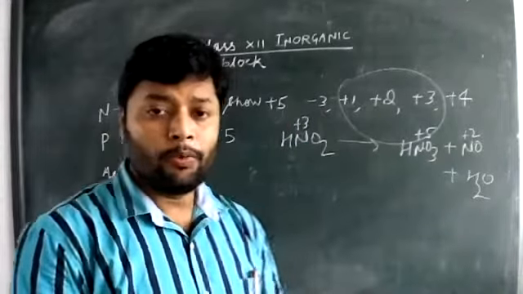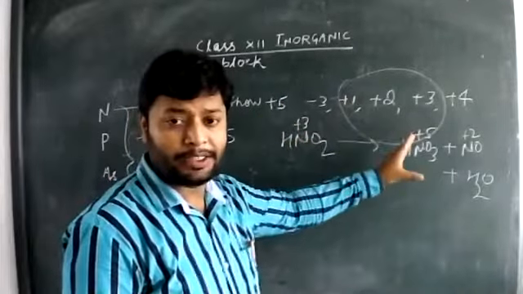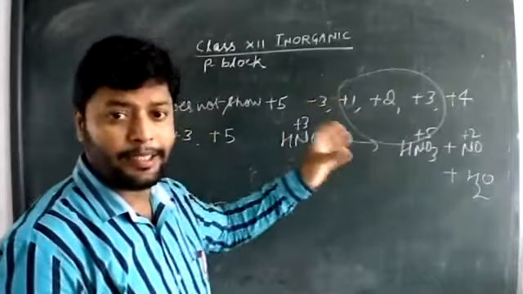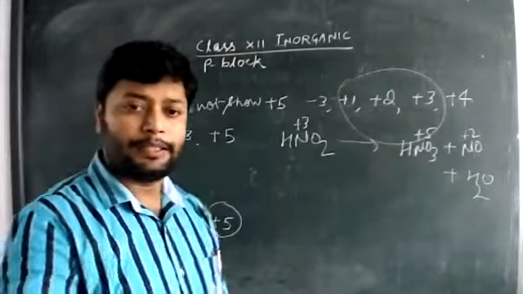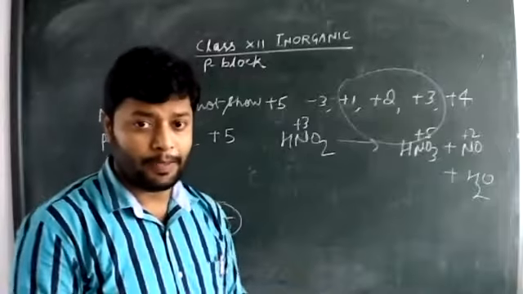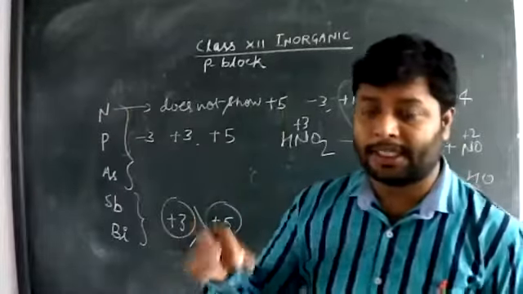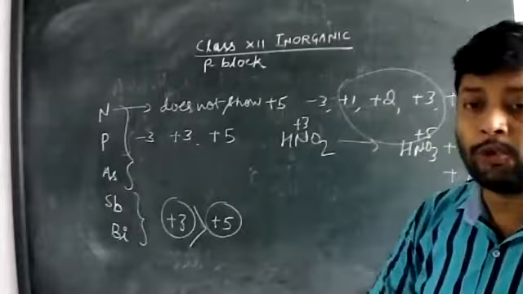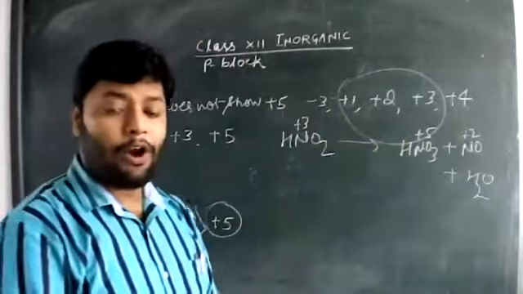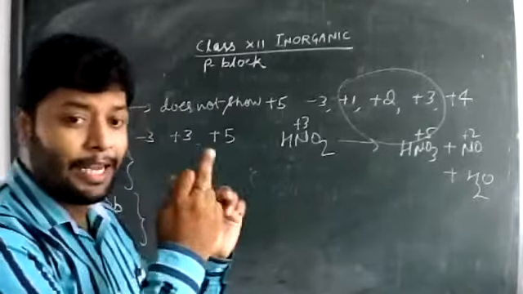Disproportionation means that one oxidation number of an element goes for oxidation as well as reduction simultaneously in the same reaction. The same element changes into two different oxidation numbers. So whenever an element has an intermediate oxidation number, there is a possibility of disproportionation, where oxidation and reduction both occur in the same element.